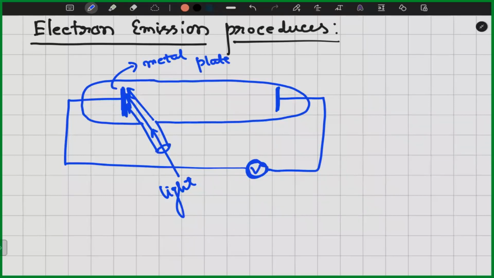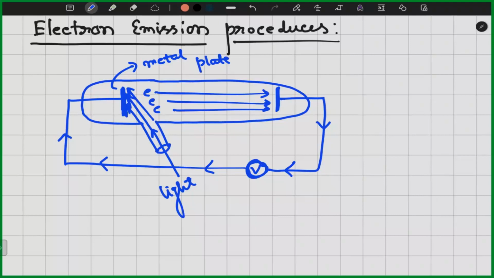How does flow of electric current occur? That means there is some flow of electrons. Then only can we have the electric current. So due to radiation of the light on the metal plate, some electrons are emitted from that metal, reach this plate, and after that flow in that direction. So we can have a flow of electrons, and that's why there is a deflection in the voltmeter.